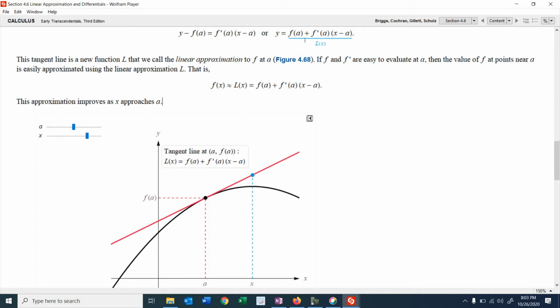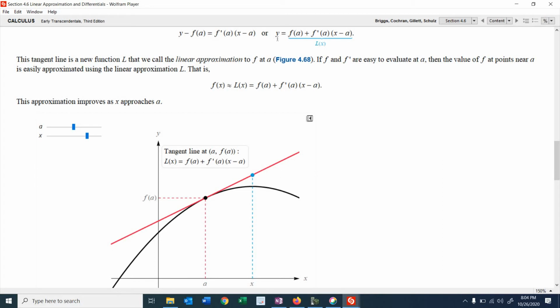Now we're going to think of this as a function, because it really is. A is actually a fixed point. It's the point at which we're trying to find the tangent line. And that means that this is a function of x only. Okay?